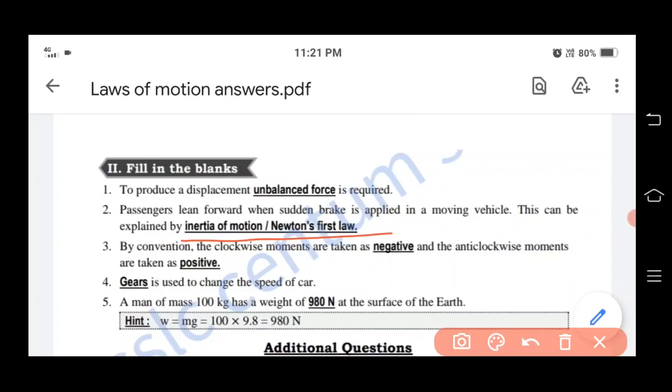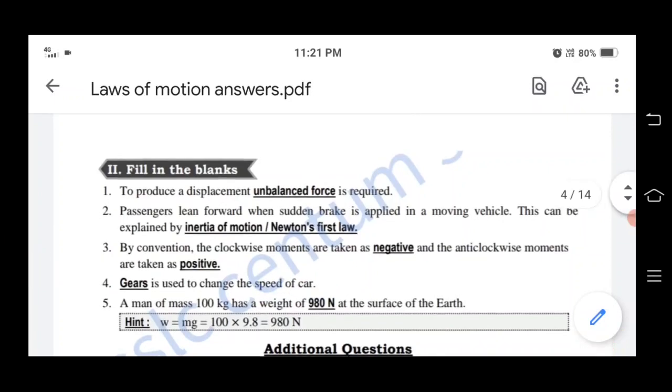By convention, the clockwise moment is taken as negative and the anti-clockwise moment is taken as positive. A gear is used to change the speed of a car.